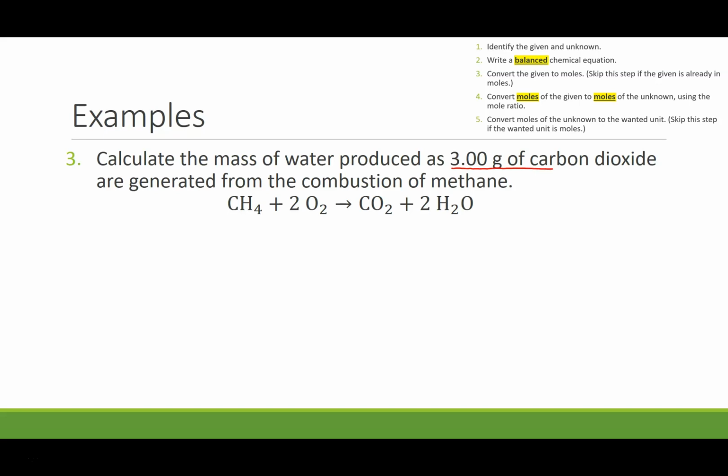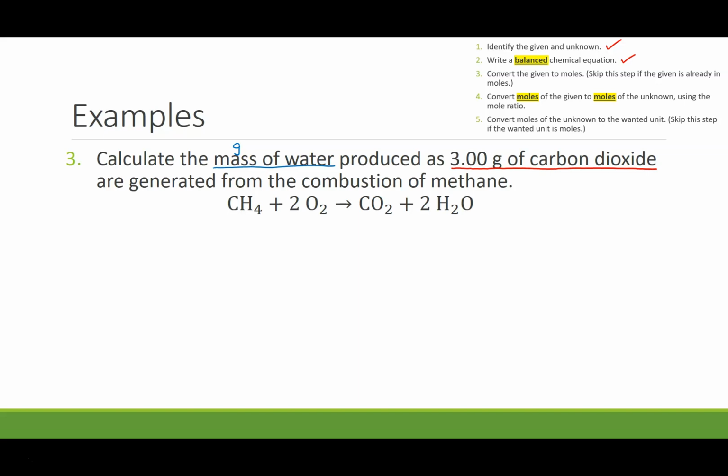The given is 3 grams of carbon dioxide, and the unknown is the mass of water. So that means grams of water. And our first step is finished. The second step is to write a balanced chemical equation, and we are provided with the balanced equation. So step 2 is also finished.